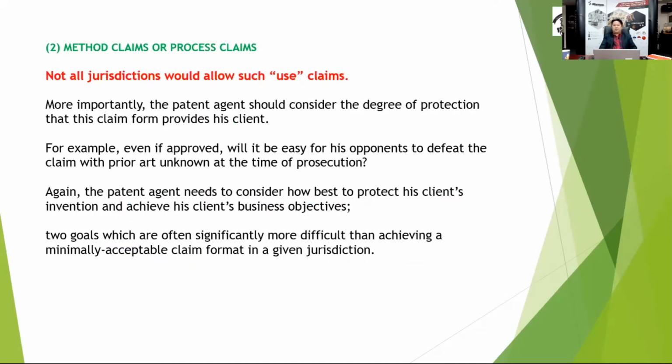Now, not all jurisdictions allow the word use. The best advice for you is to just use either the word method or process. I always use the word process when I draft my process claims, because I think it is very straightforward and easy. The process of making a milk tea, or method of making a milk tea using the steps, and so on. Process or method claims are very easy to draft.